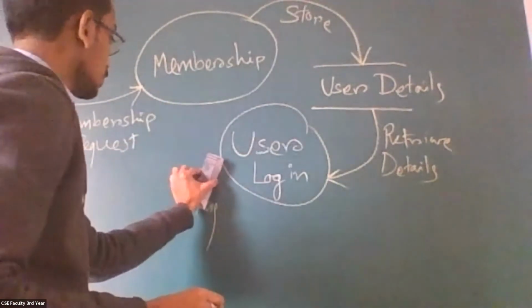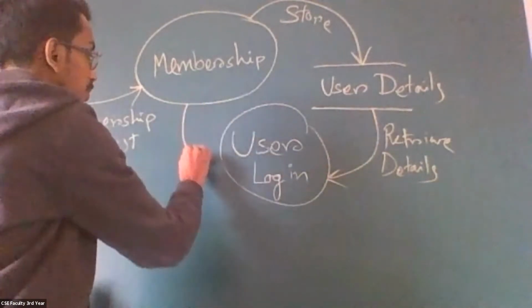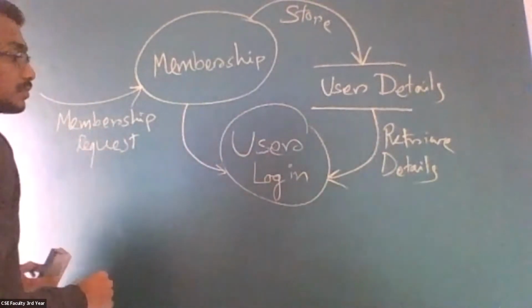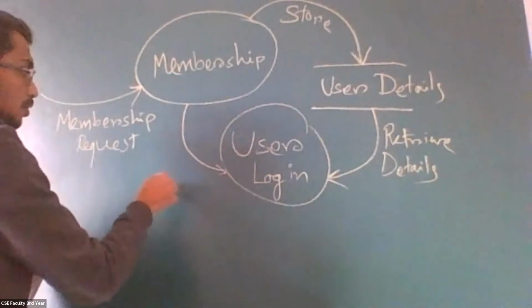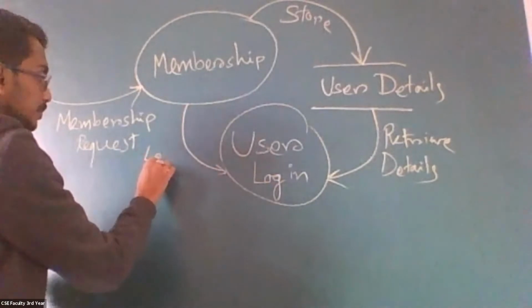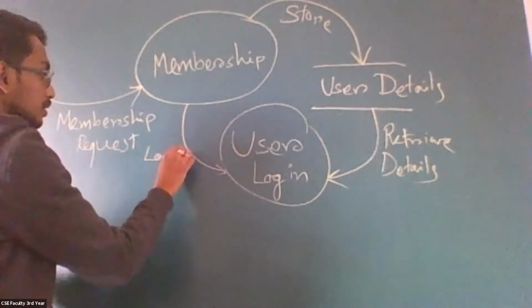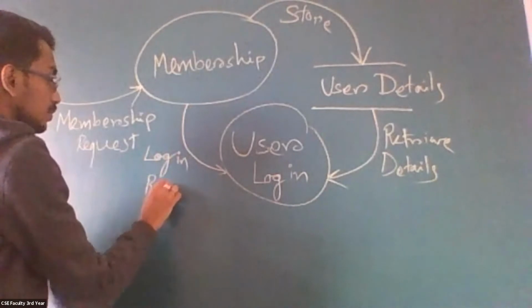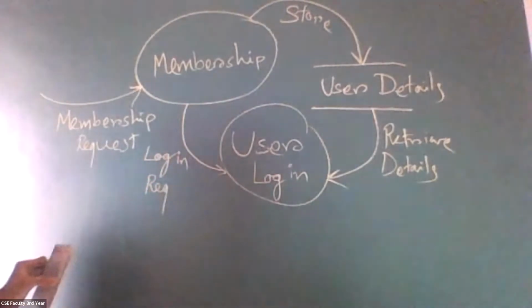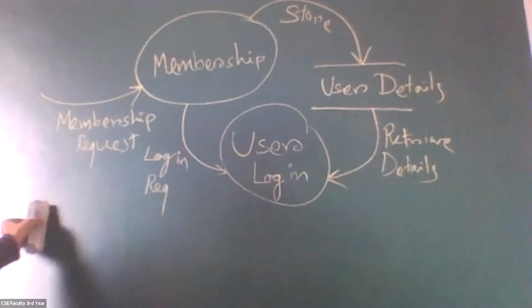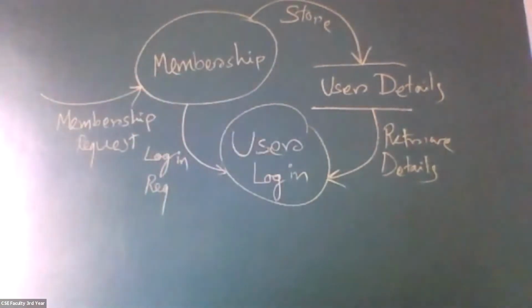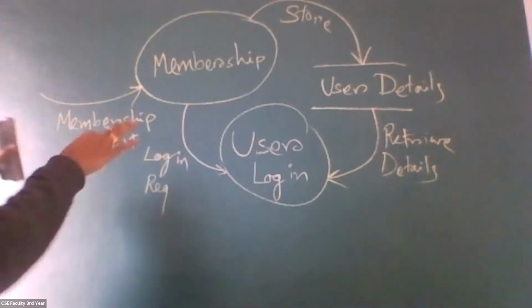So we can do something like this for the membership. The user login process will get the login request. It can be directly from the user or from a membership process. Anything you can do. Up to that, is it clear?